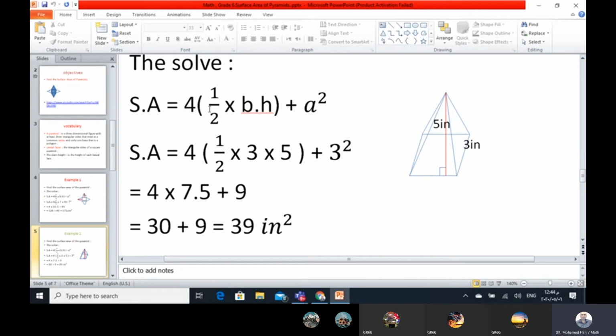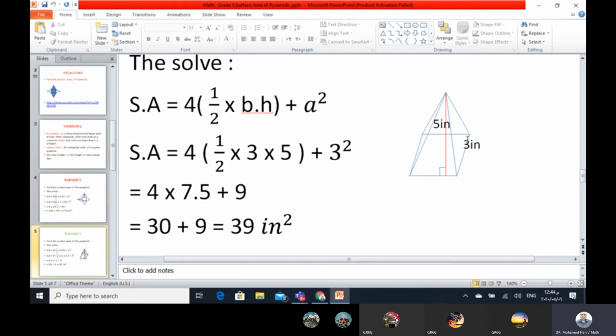Then I can write the area of the triangle, 1/2 multiplied by the base multiplied by the height. Plus, what's the meaning of a squared? A is the side of the square.